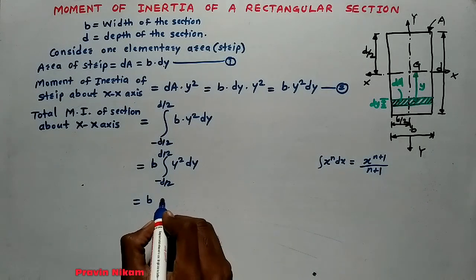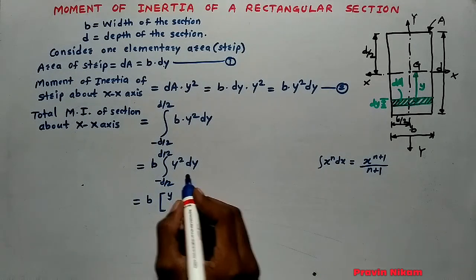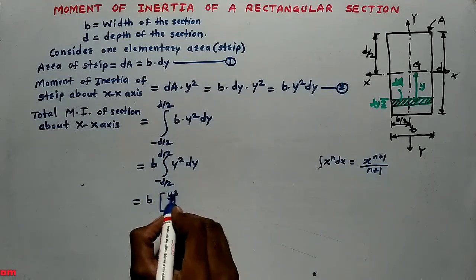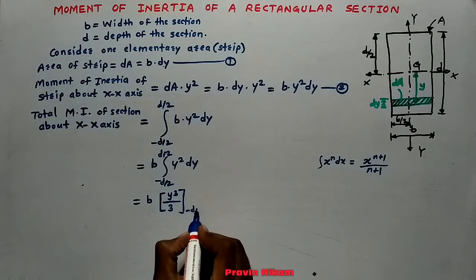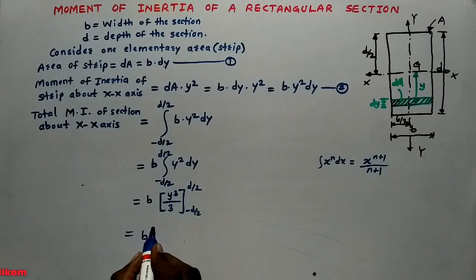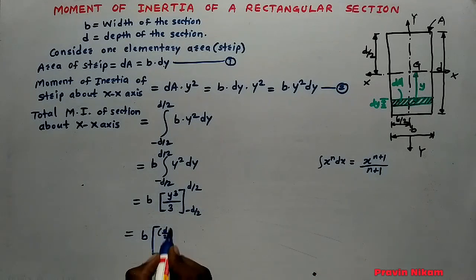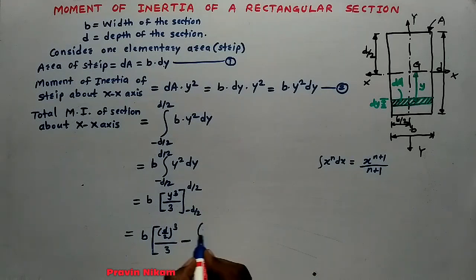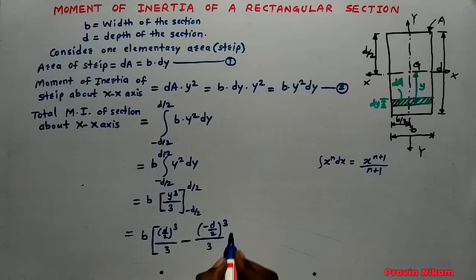So here the integration of y square is y raised to 2 plus 1, that is y cube divided by 3, with the limit from minus d by 2 to plus d by 2. Putting in the limit, y cube means d by 2 cube: d by 2 cube divided by 3 minus minus d by 2 cube divided by 3.